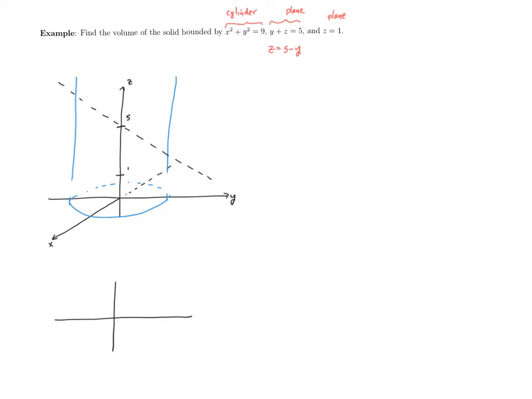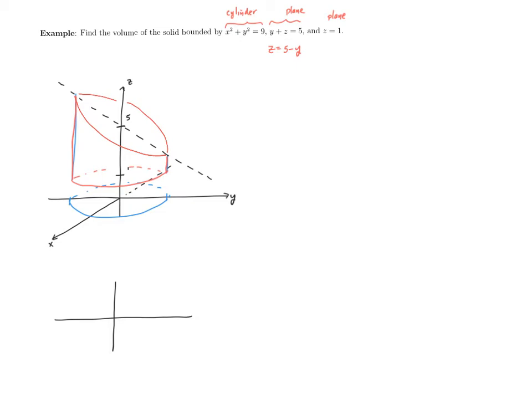So the bottom of our cylinder is at z equals 1, and we go up this cylinder until we hit that upper plane of z equals 5 minus y. If we cut off the cylinder at this diagonal, we just get a diagonal end cap to our cylinder.